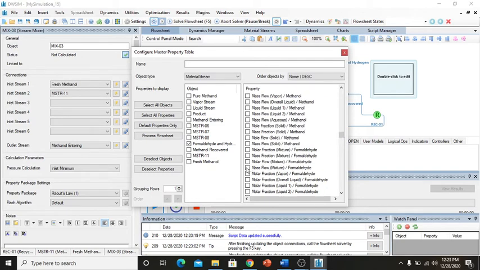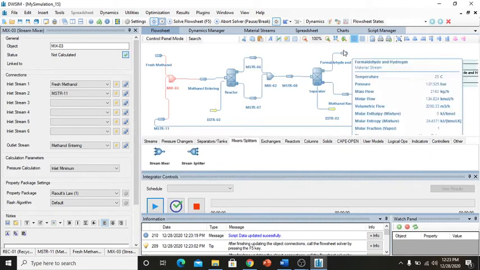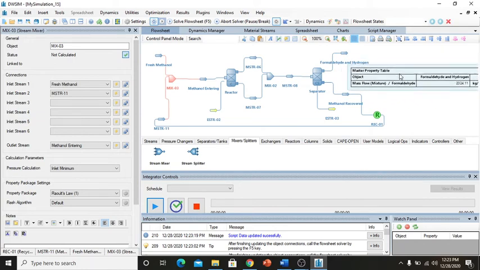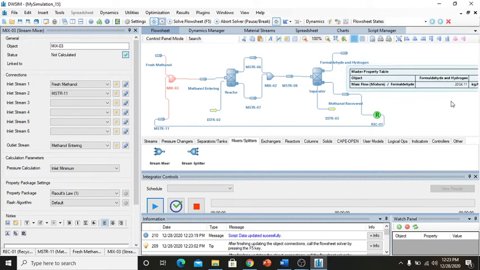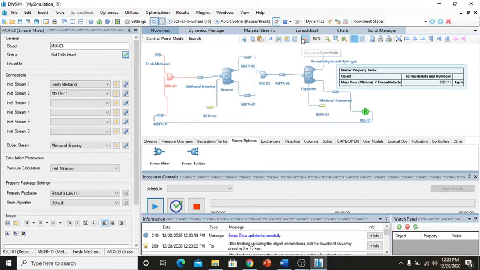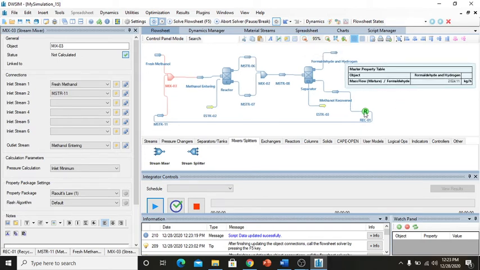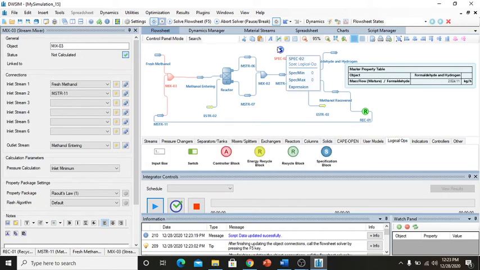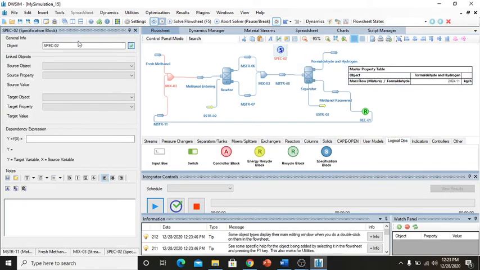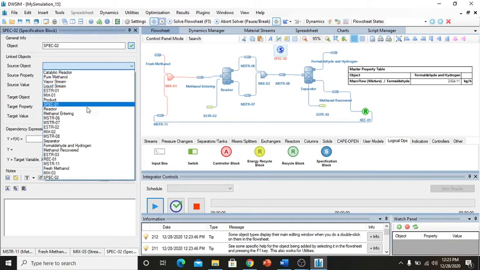Let's have the mixture. Okay, this one. Currently, it has 2024.11 kilograms per hour. So we will then be using the specification block, because we have to specify that the formaldehyde and hydrogen stream should contain 900 kilograms per hour.